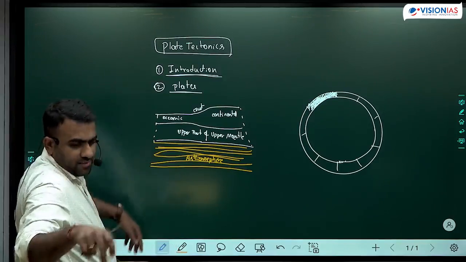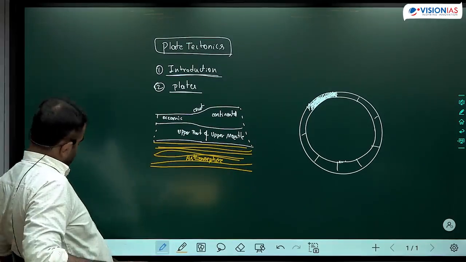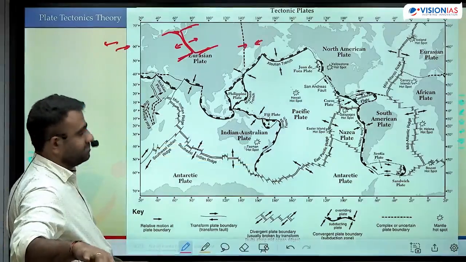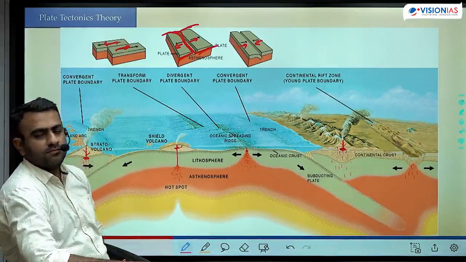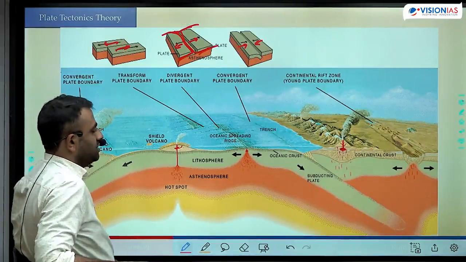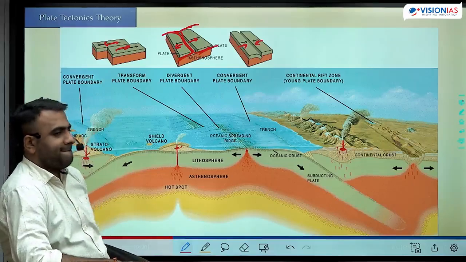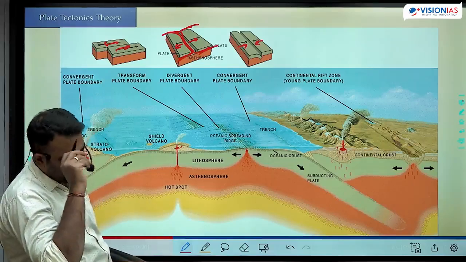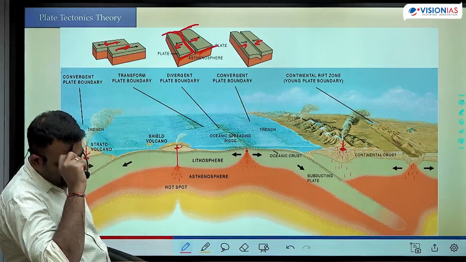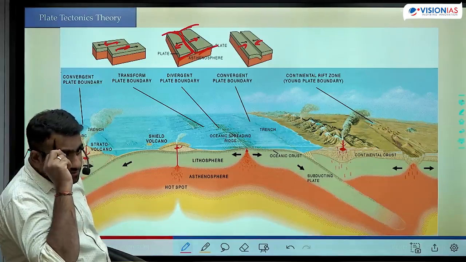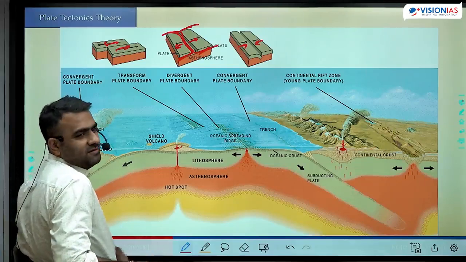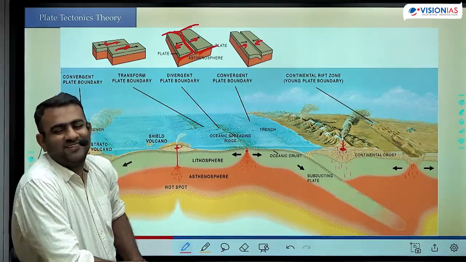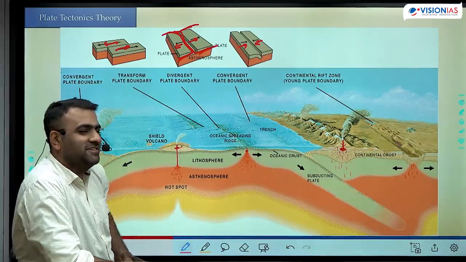So when we talk about the plate boundaries, we have to go into detail. How many different types of plate boundaries are there in total? 3 into 3.